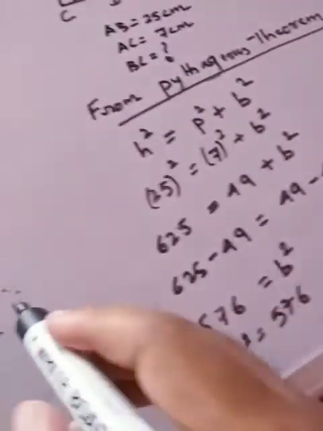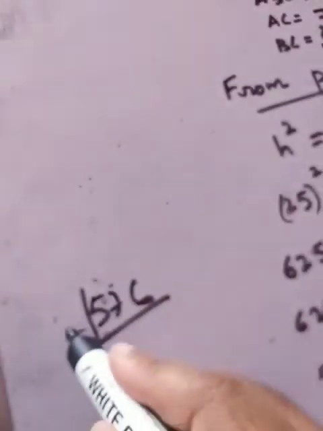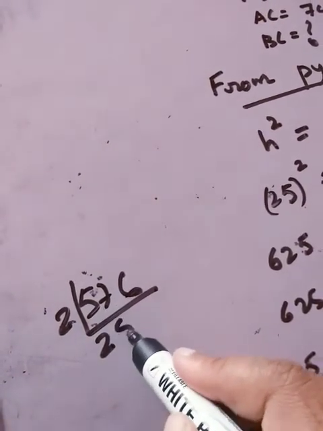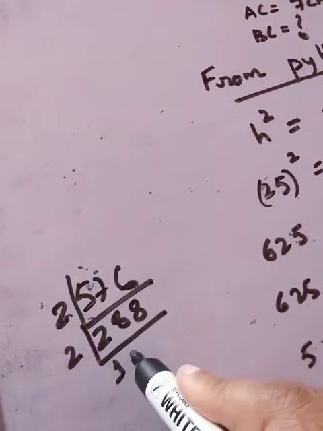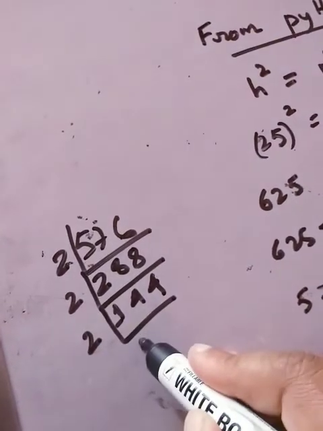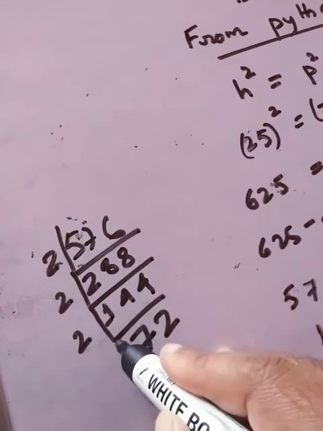Now again we'll factorize 576, just like the previous manner. 2 2s are 4, 2 8s are 16. Again we'll divide: 2 ones are 2, 2 fours are 8. Now 2 sevens are 14, 2 twos are 4.